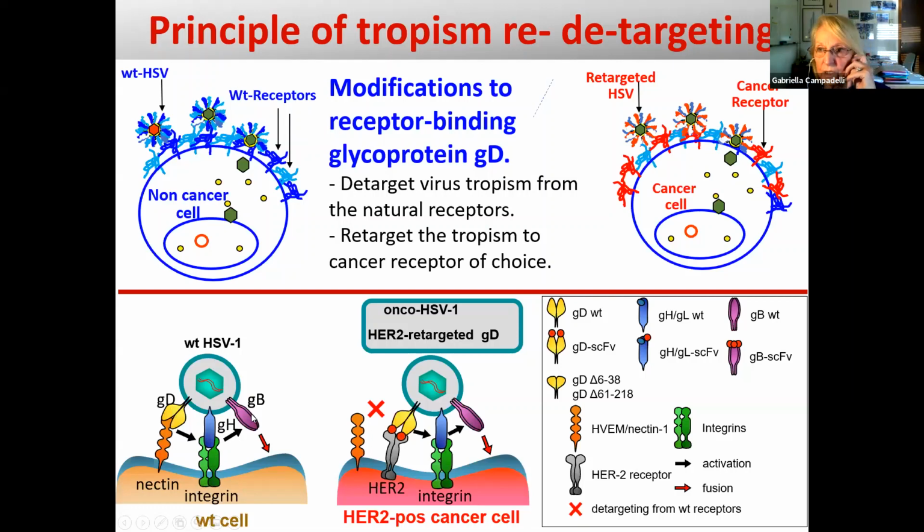All this leads to activation of glycoprotein B, which is the glycoprotein that actually mediates the fusion of the virion envelope with the plasma or endocytic membrane. So when we retarget the virus, glycoprotein D is no longer able to react to the natural receptors. It will react to the receptor that we have selected, which in our case most frequently is HER2, and then there is the cascade of activation, which culminates with the fusion of the virion envelope with the cell membrane.